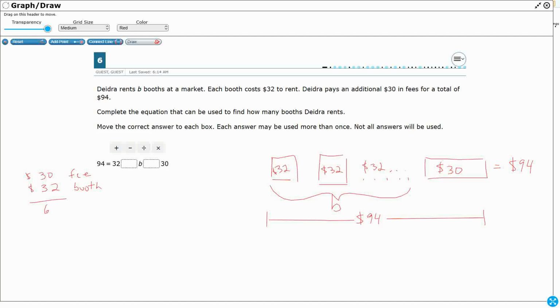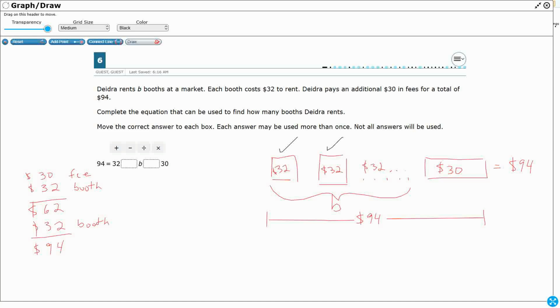We've got $62. So let's add another booth. And we're going to add that, and we're going to get, look at that, $94. Okay, so it does look like we've got just these two. So I'm just going to put this right here. Two booths plus $30 equals $94.